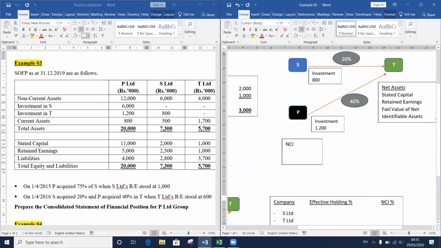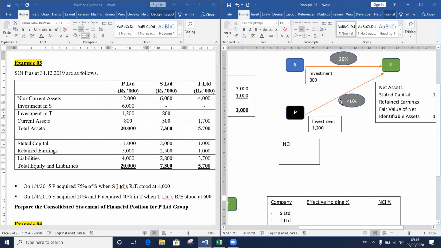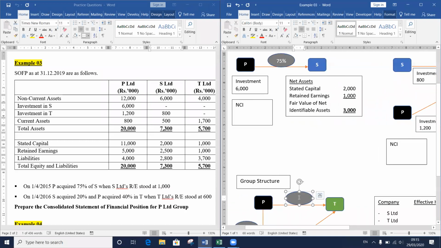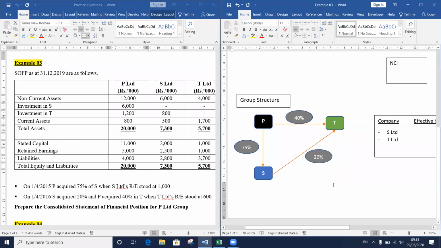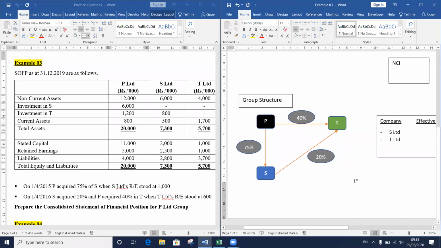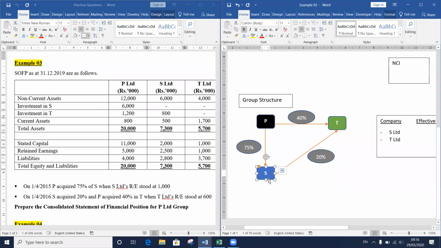P has acquired 40% in T. Our subsidiary S has also invested in T. What is the acquisition percentage? It is 20%. Now by looking at this group structure, we can directly identify that S is a subsidiary for us.